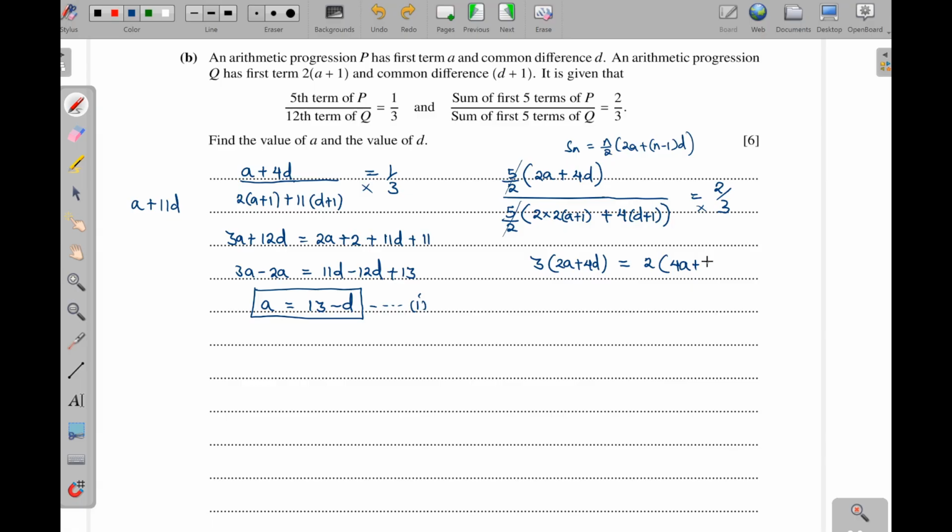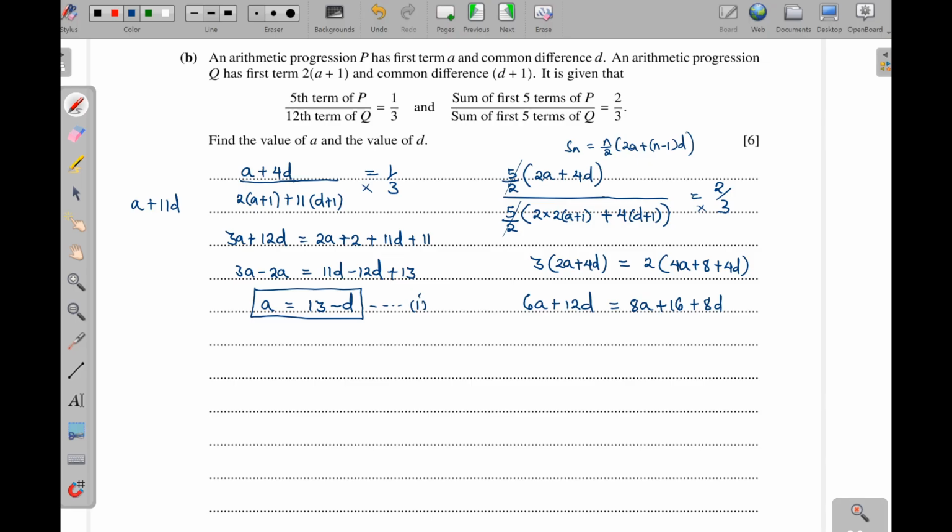So we have 8, then plus 4 times D, that will be 4D. Then we open the brackets, we shall have 6A, then plus 12D, then this one is equal to 8A, then plus 16, and then plus 8D.